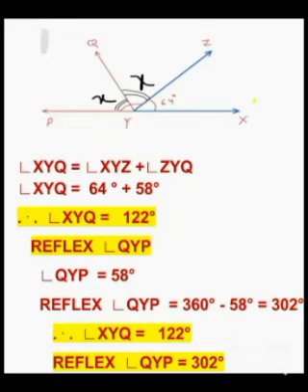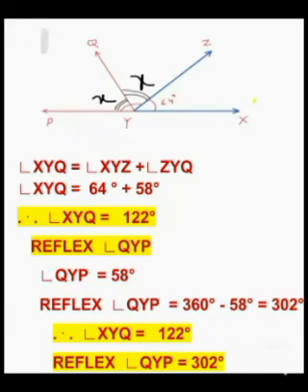So, now angle XYQ is equal to XYZ plus ZYQ. XYZ, how much we got? They gave 64 degrees plus ZYQ we got 58 degrees. So 64 degrees plus 58 degrees, how much? 122 degrees. Therefore, angle XYQ is equal to 122 degrees.